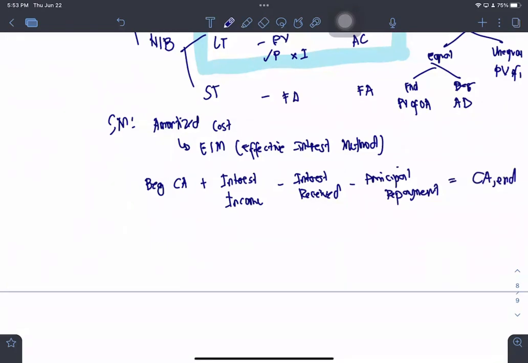Normally, the effect of the following: interest income less interest received less principal repayment is known as your amortization. So beginning carrying amount less amortization is your carrying amount end.